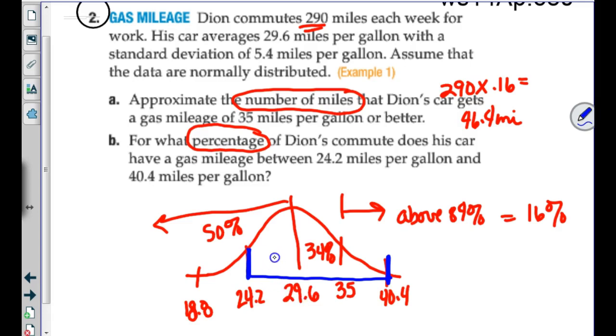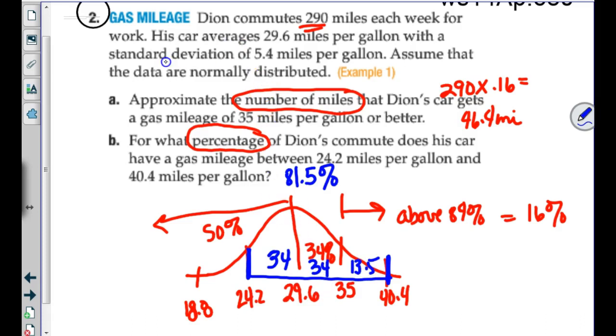This would be 34%, 34%, and isn't this one 13.5? So that's 68. Yeah, I think so. Anybody else add that up? 68, 81.5. Yep. Okay.